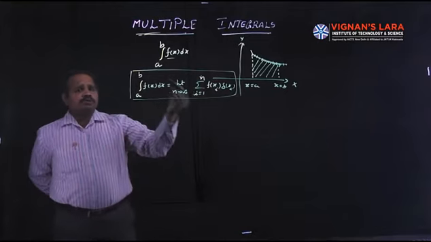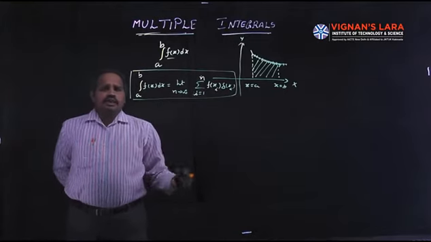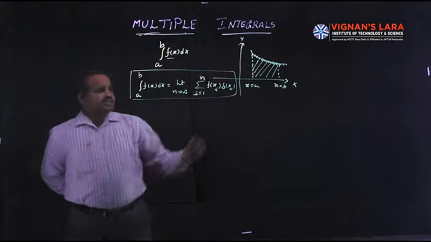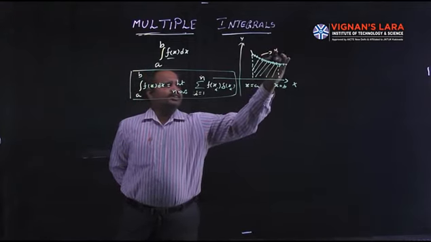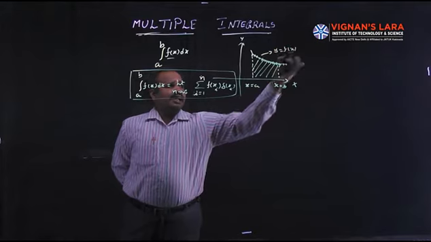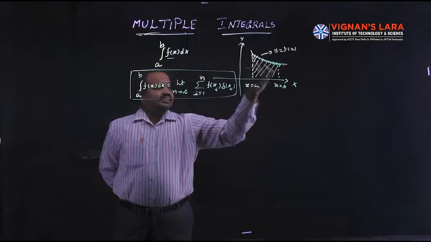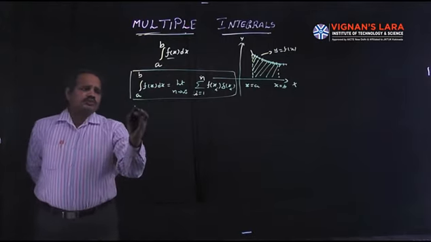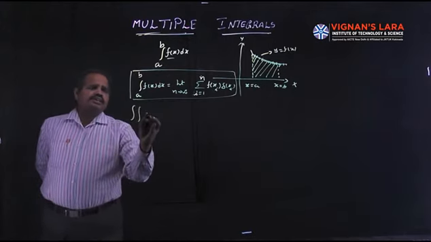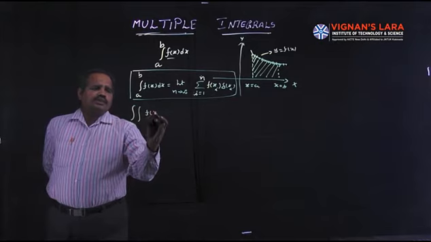Now we are moving this to two dimensions, where x is equal to a to b and y is equal to f of x, and this is the region. This region we calculate by using an integral, which is called the double integral f of x comma y dx dy, as we are getting two variables.